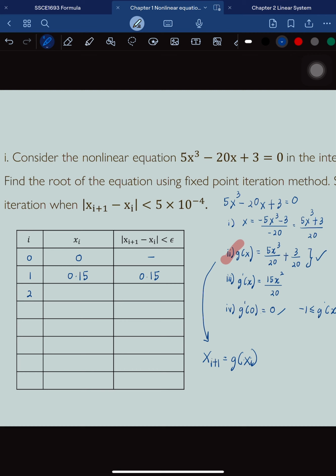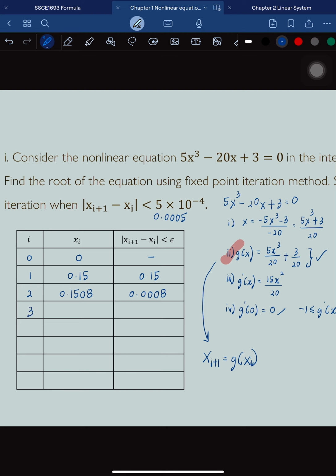So 5 multiplied by 0.15 cubed divided by 20 plus 3 over 20, 0.1508, so 0.008. Okay, so still you cannot stop because the condition is 0.1234. Okay, so you cannot stop. Continue.